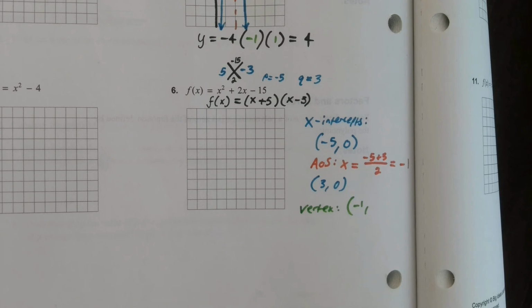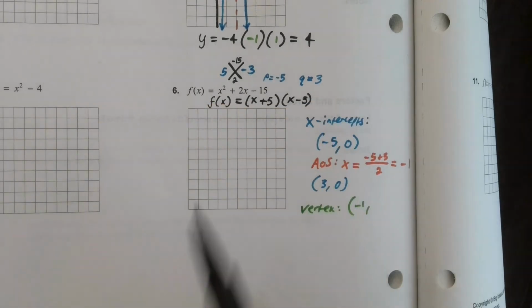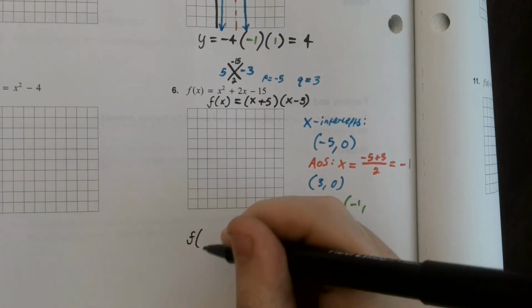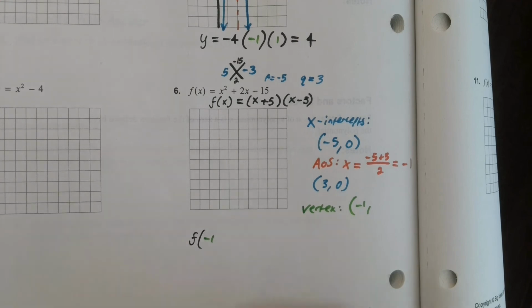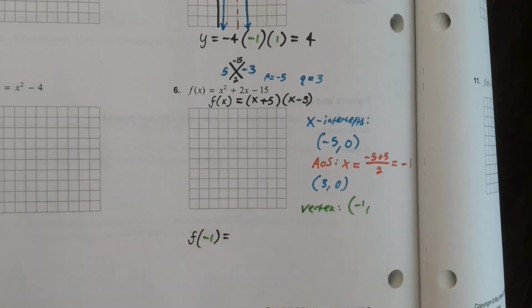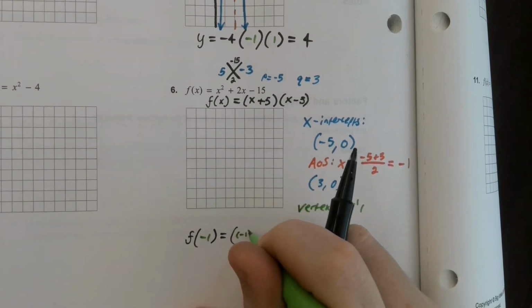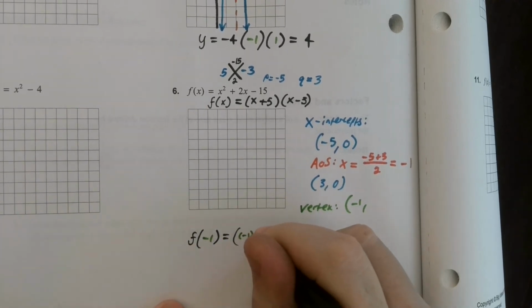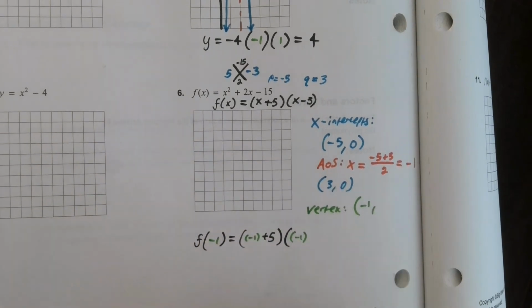So now we just have to ask, what do we do with this -1? Why, we plug it back into our intercept form. Everywhere we see an x, we're replacing it with -1. So f of -1, in other words, the function at x equals -1, is equal to -1 plus 5 times -1 minus 3.